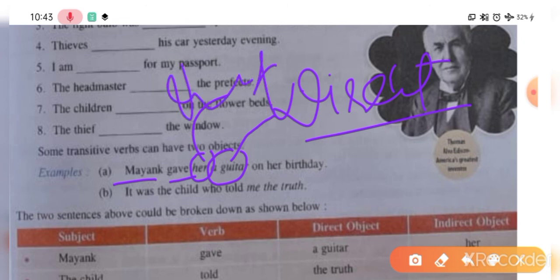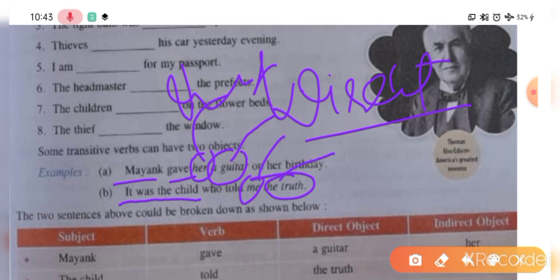Okay, and next, it was the child who told me the truth. So me is the indirect object, and what did he tell? The truth is the direct object. Again, the truth is a thing, and me is the person.